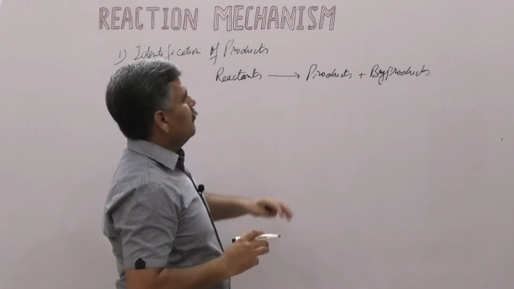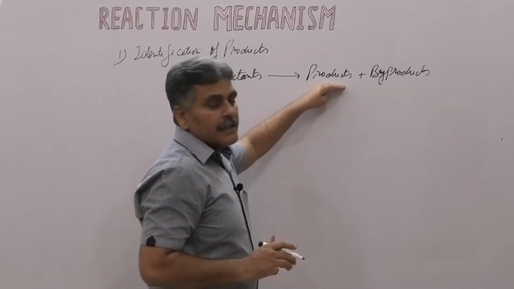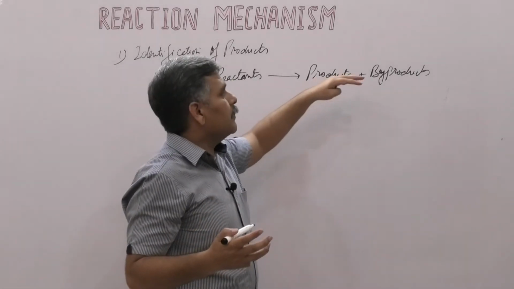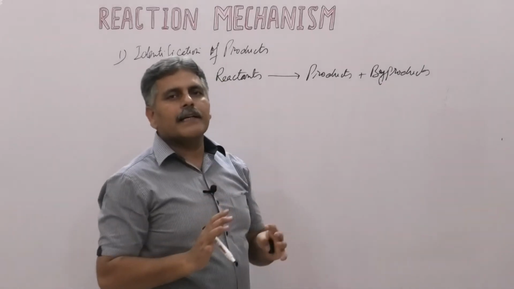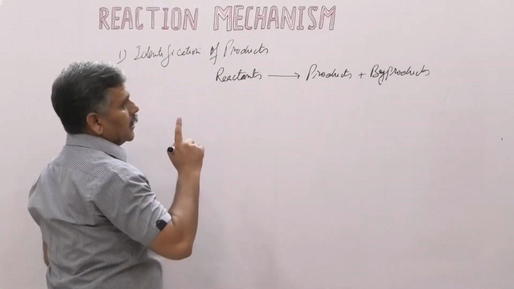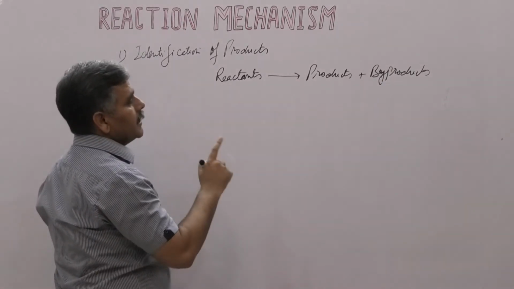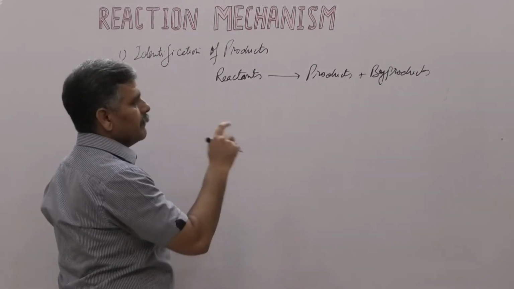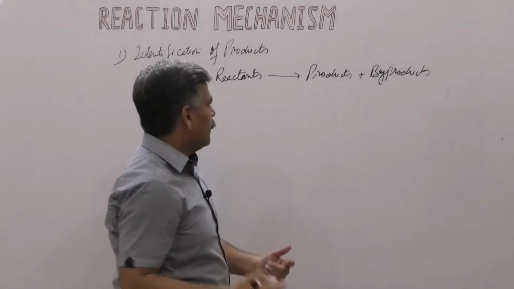Any mechanism which explains the formation of products but is unable to explain the formation of the byproduct is not an acceptable mechanism, because it is compulsory to explain the formation of all the products and byproducts for an acceptable mechanism.